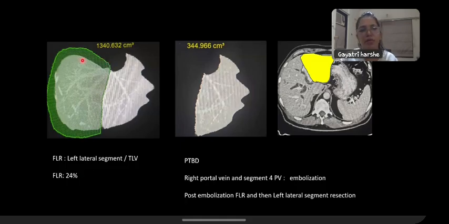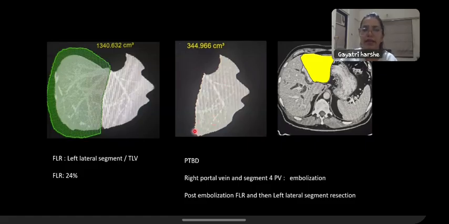did the CT volumetry assessment, the total liver volume was 1340. Then the remnant volume, because it was involving segment 4 duct, segment 4A and B was not taken into account, and only segment 2 and 3 we were going to resect.